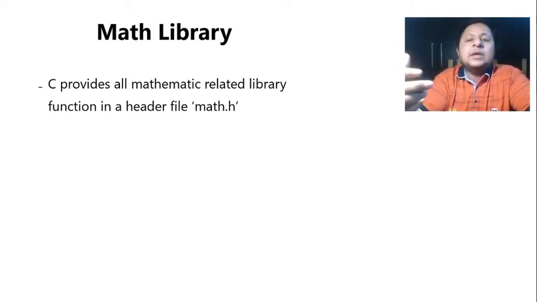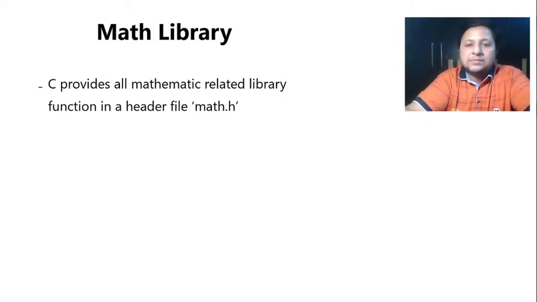Now what do you mean by including? How do we include? We would be looking at it very soon when we start with small programs. But for the time being, let us focus on what the math library is and what the different functions are that we can use from it.